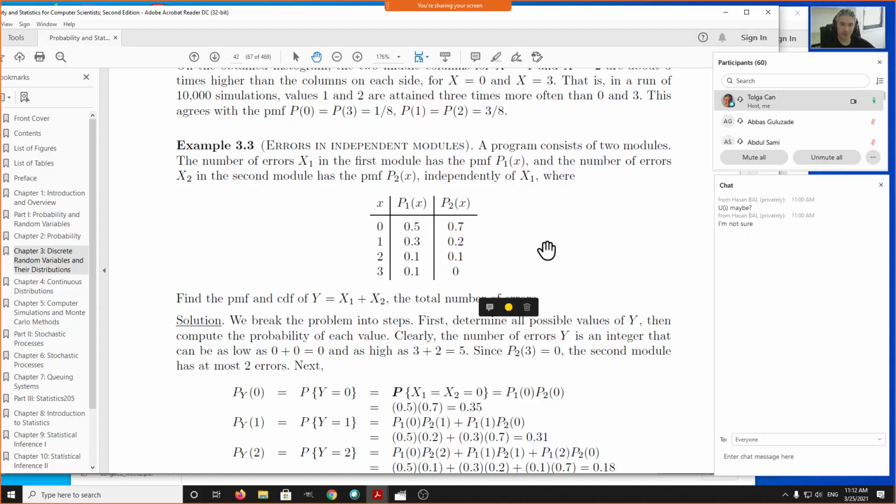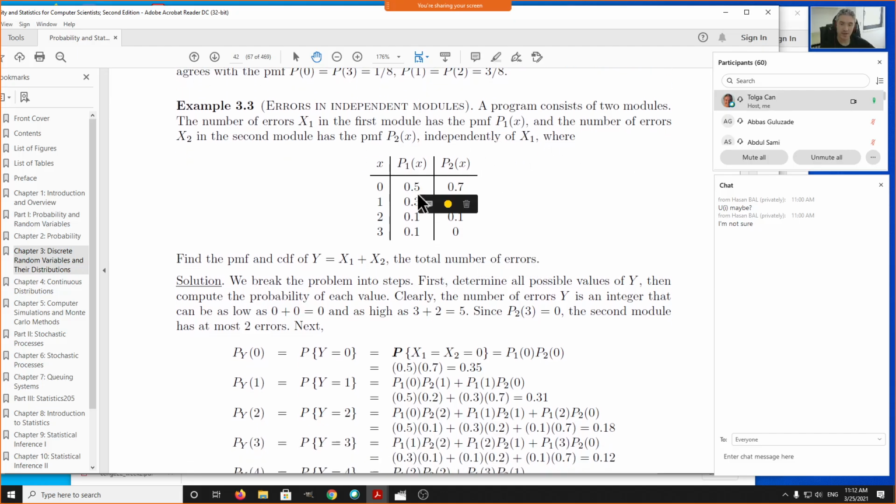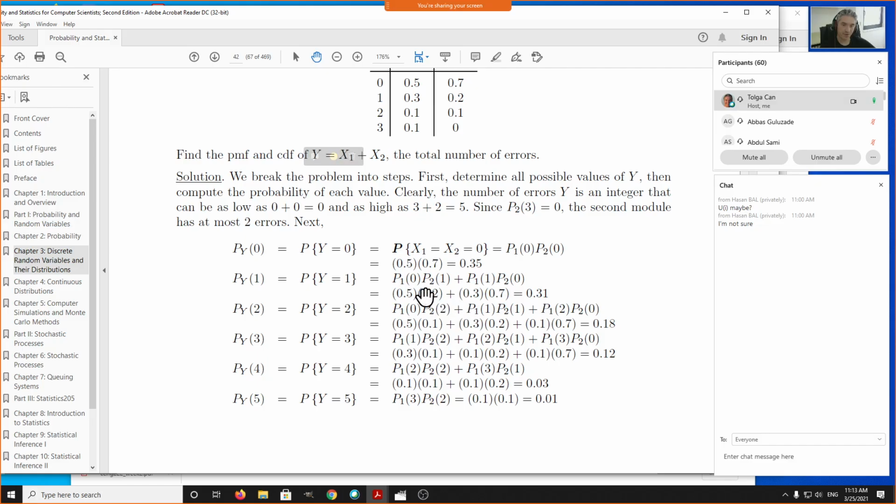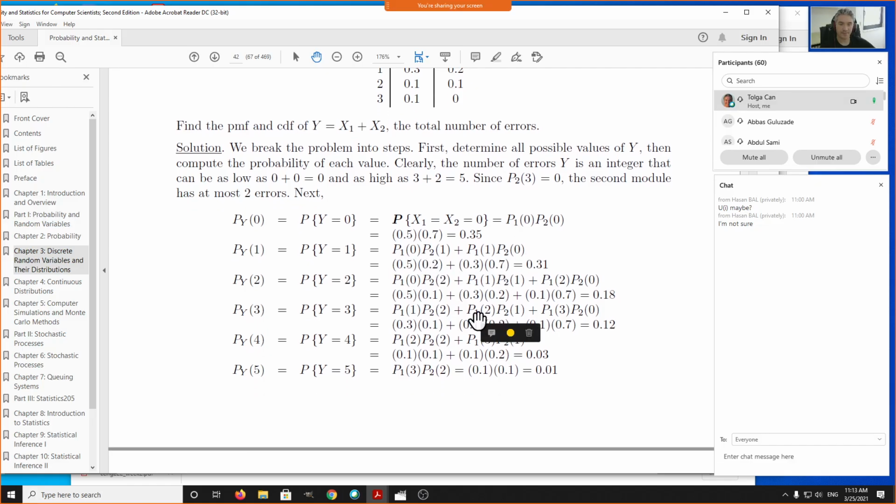Yeah, this one, Example 3.3, errors in independent modules. The fact that they're independent from each other is given in the name of the example. There's no statement that indicates they're independent here, but the name of the example tells us so. So here, as you can see, 0.31 is found like this.